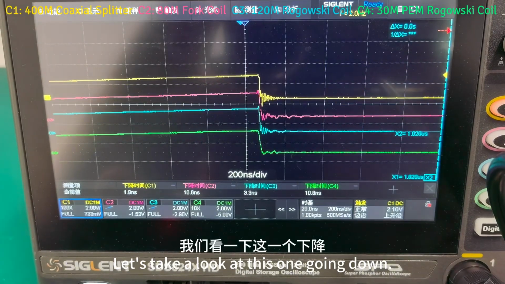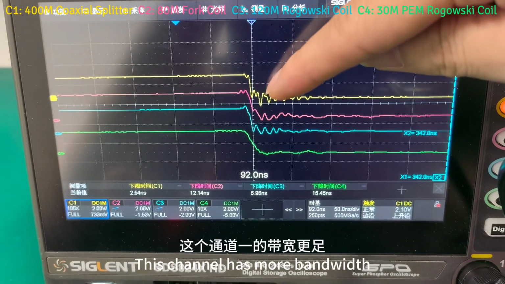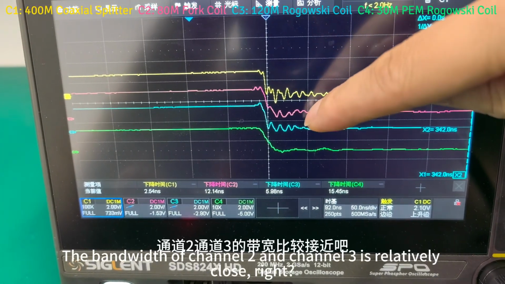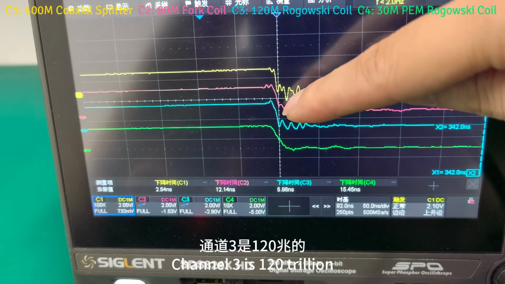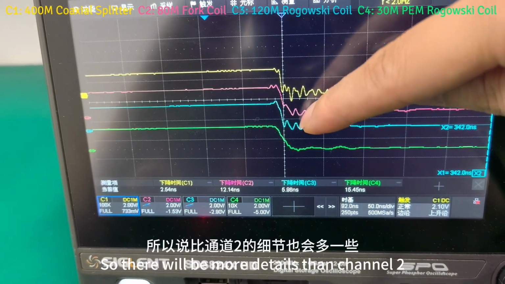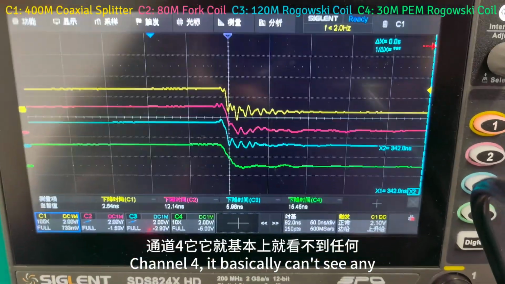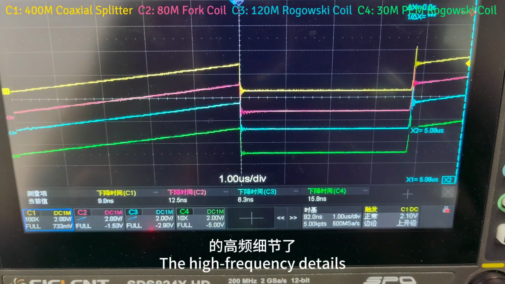Let's take a look at this one going down. The descent time is actually the same. This channel has more bandwidth, so it's a little bit more detailed. The bandwidth of channel 2 and channel 3 is relatively close. Channel 3 is 120 MHz, so there will be more details than channel 2. Channel 4 basically can't see any of the high-frequency details.